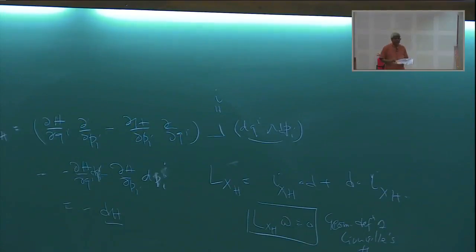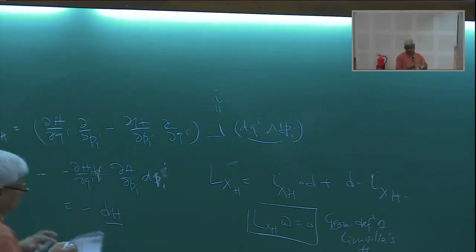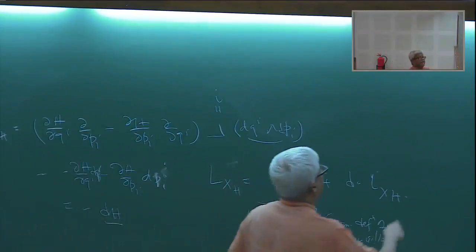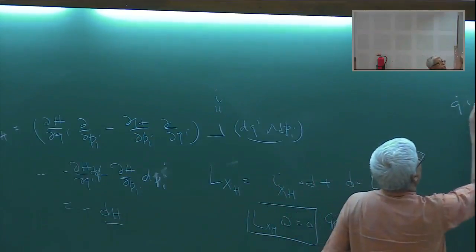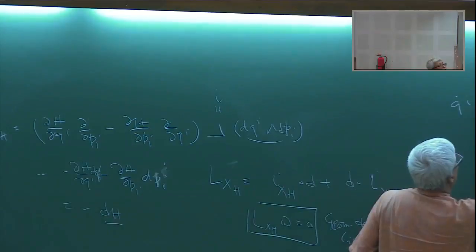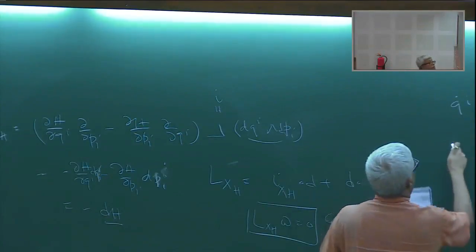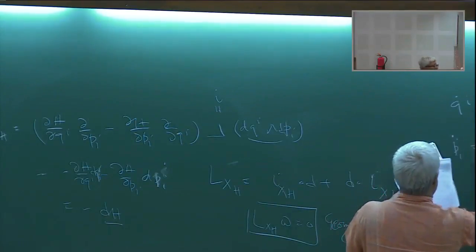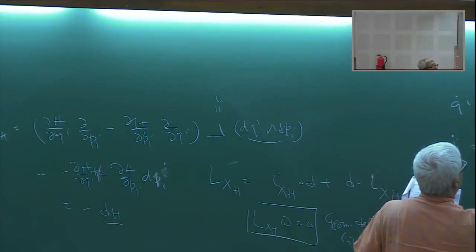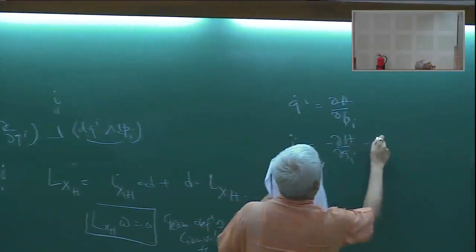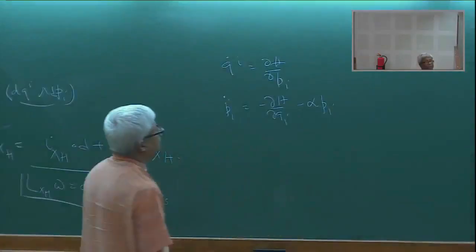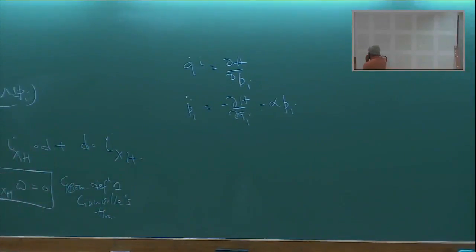Now, you know these are the equations of motion. Suppose I give you another system of equations which is like that, and p_i dot is equal to minus ∂H/∂q_i minus α p_i. Clearly, this equation shows you this is not a conservative system. Is it okay?